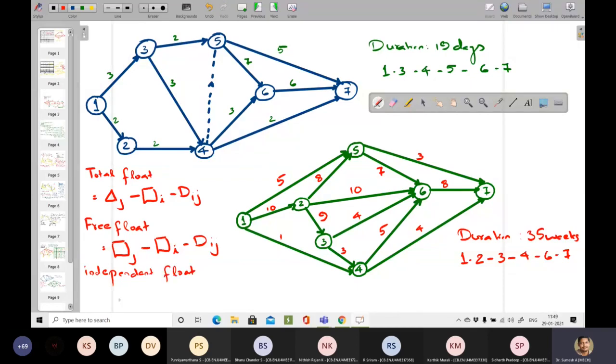Next is independent float as rectangle j minus triangle I minus dij.